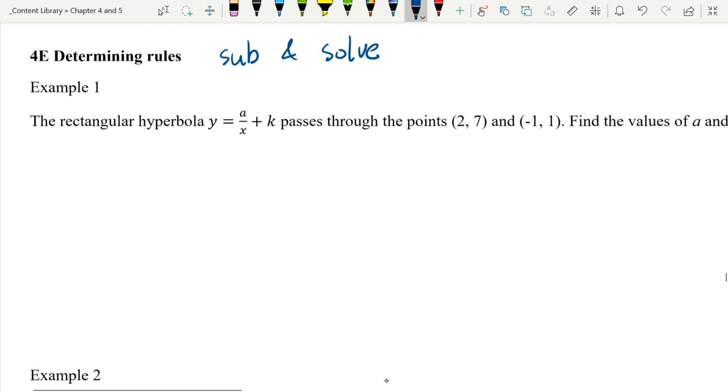So when x equals 2, y equals 7. When x equals -1, y equals 1. Same as how you solve quadratics, the rule is given. So 7 equals a over 2 plus k. And the other equation we have is 1 equals a over -1 plus k.